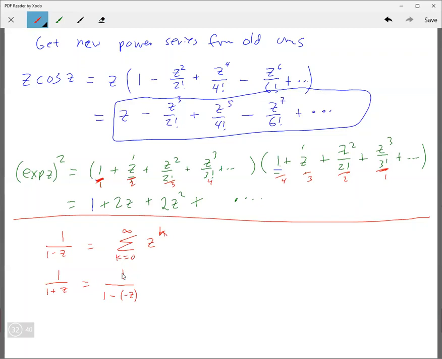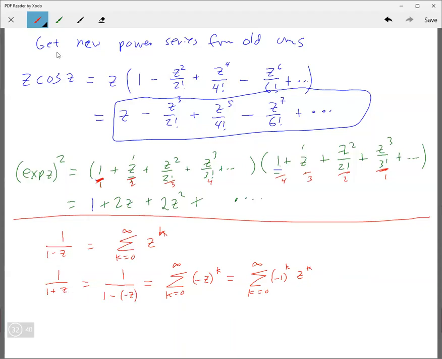So if I have 1 over 1 plus z, that's the same as 1 minus a negative z, which means that here, if I replace this z with a negative z, then it's going to be the same. And then I could write it like that. Okay, so that's just changing it a little bit.